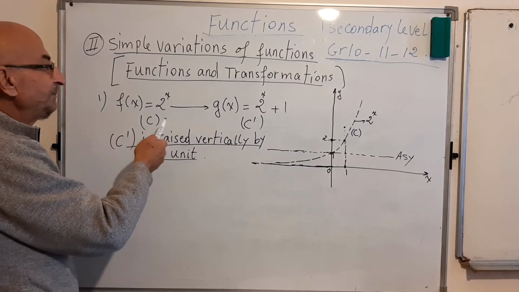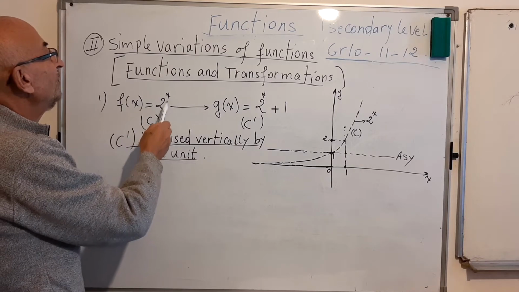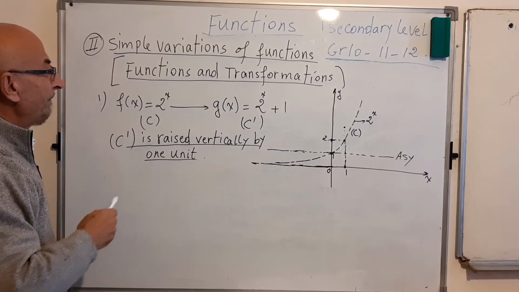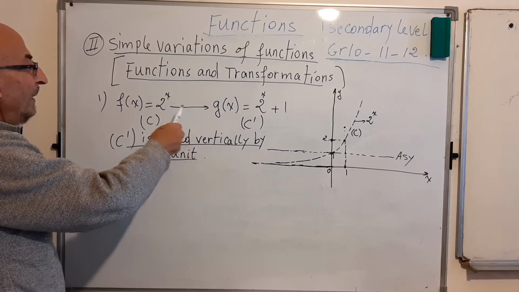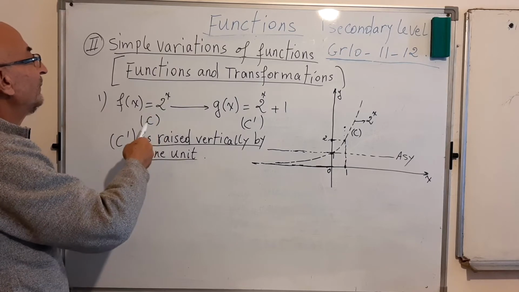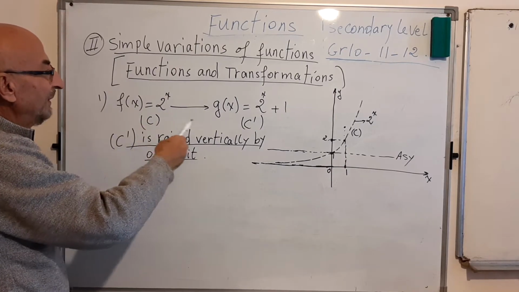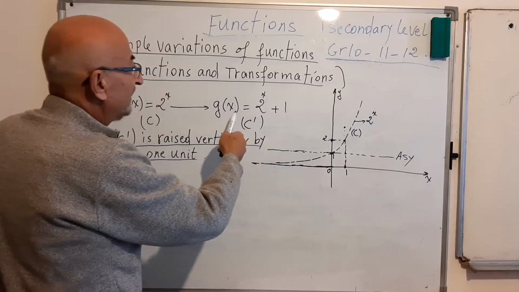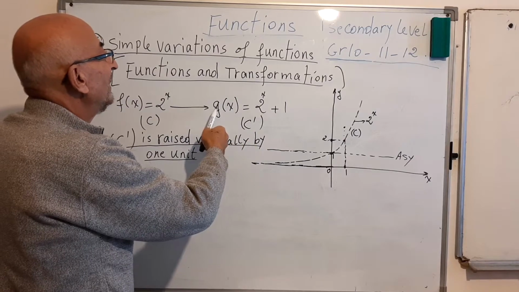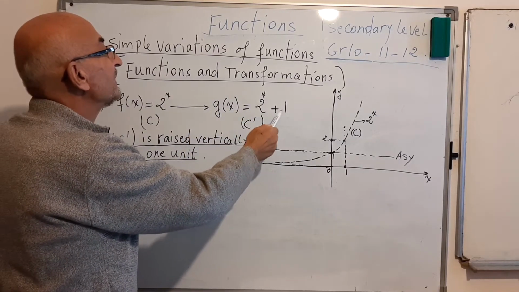Example 1. If f of x equals 2 power x, and C is the curve of the function f, we must deduce the curve C prime of the function g of x equals 2 power x plus 1.